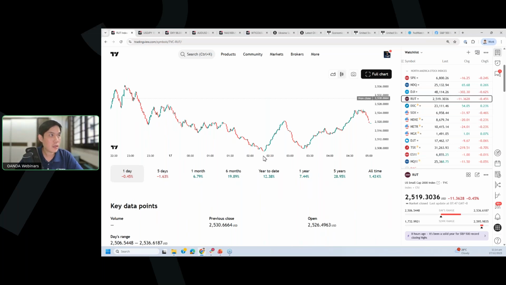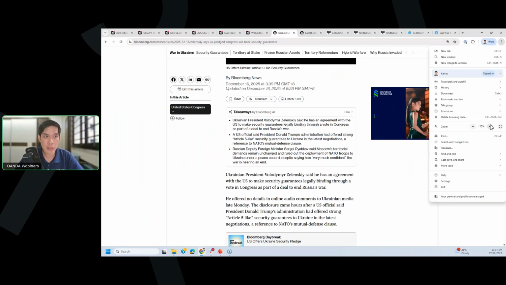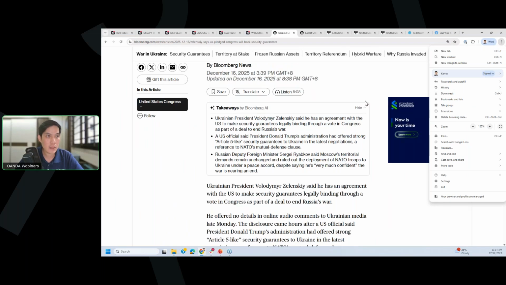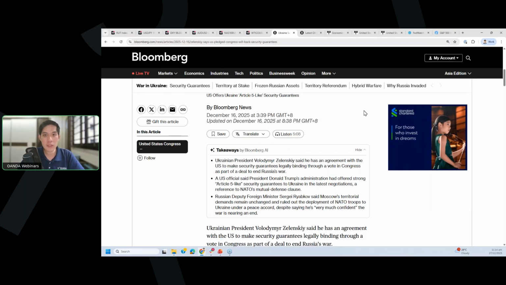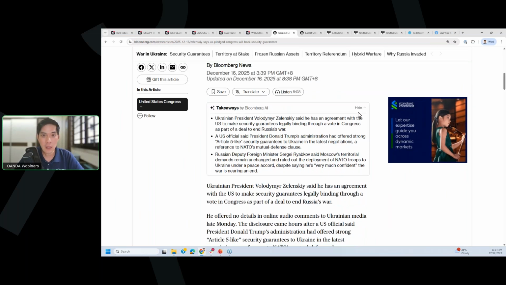So what we could see is that oil prices plummeted by 2.5% due to this ongoing potential high chance that the US may provide a security guarantee to Ukraine, very similar to a NATO membership. But you know the sticky situation of why this peace deal is not able to be fulfilled is because Ukraine wanted to become a NATO member, but that is a no-no for Russia.